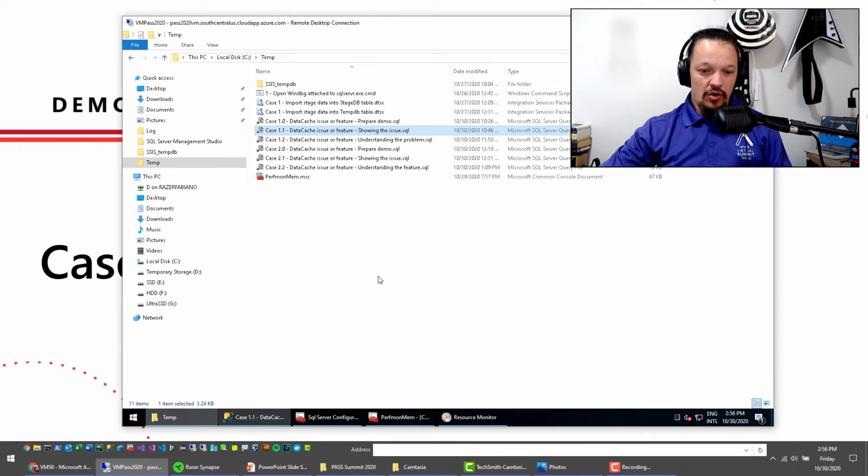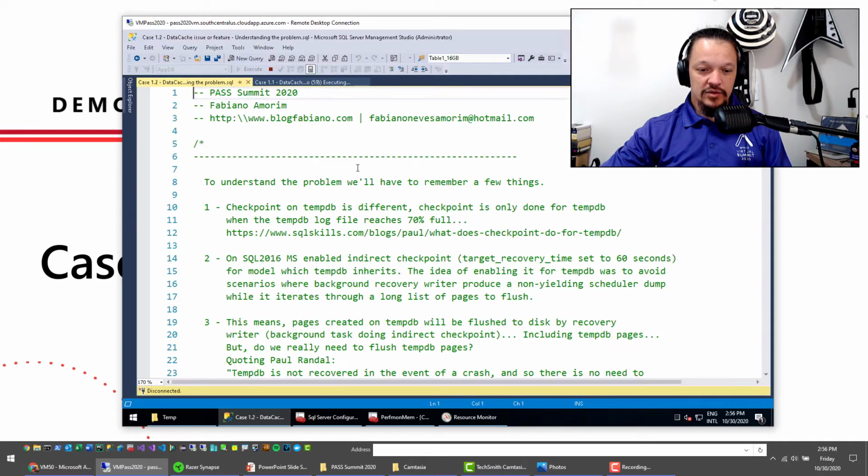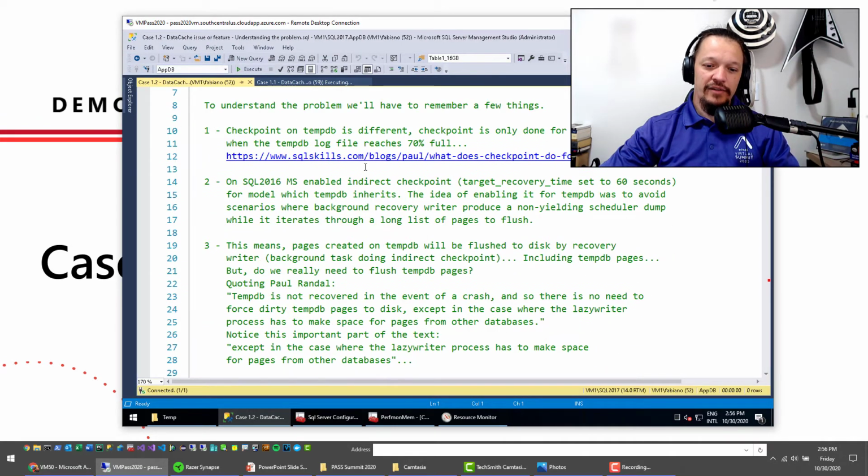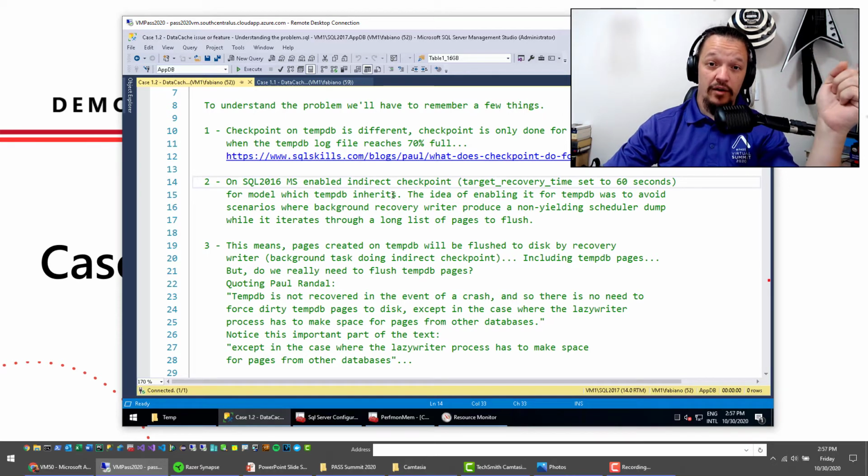And let's open another file here. It's this one, understanding the problem. I have the whole explanation and a few things you have to remember, if you don't remember, like what a checkpoint does. Indirect checkpoint was enabled by default in SQL Server 2016 for model, and since tempdb inherits from model, it has indirect checkpoint enabled as well.